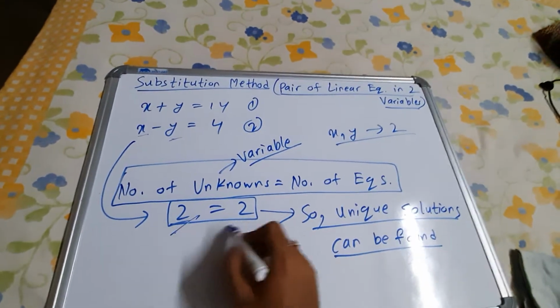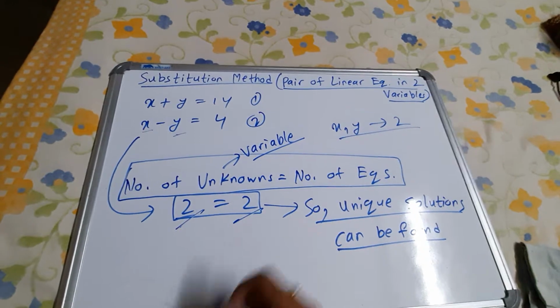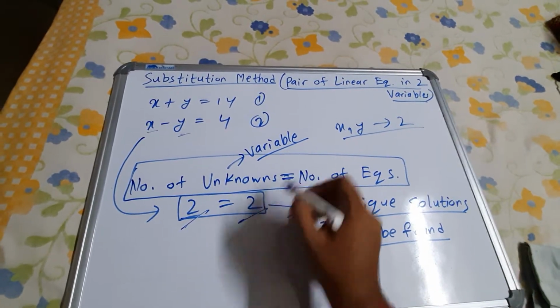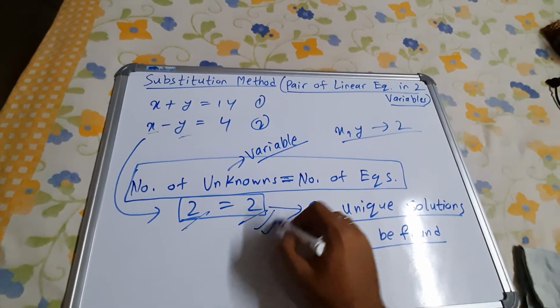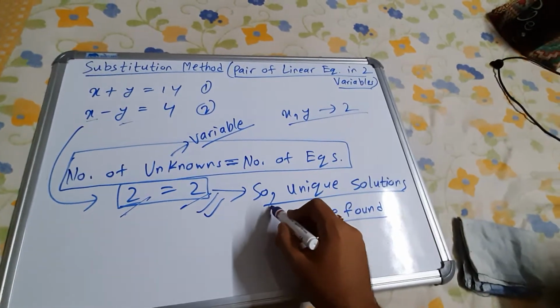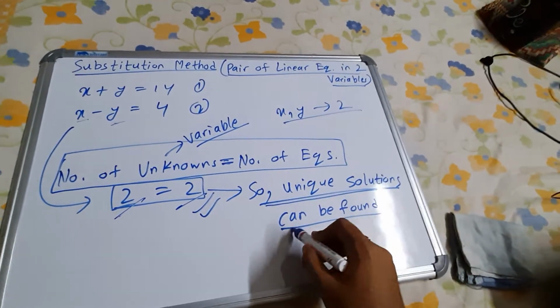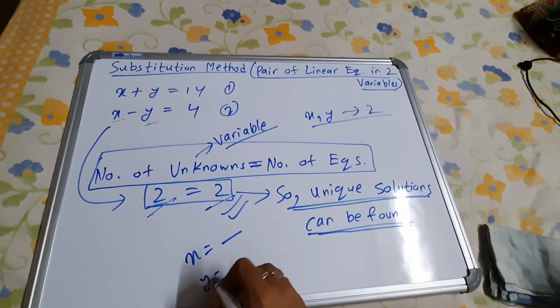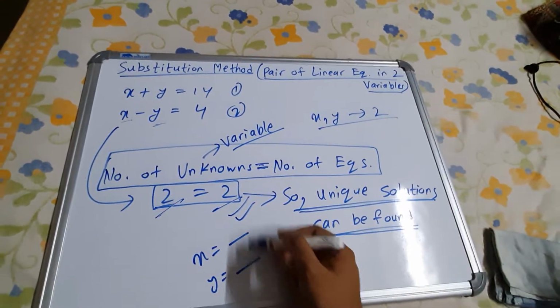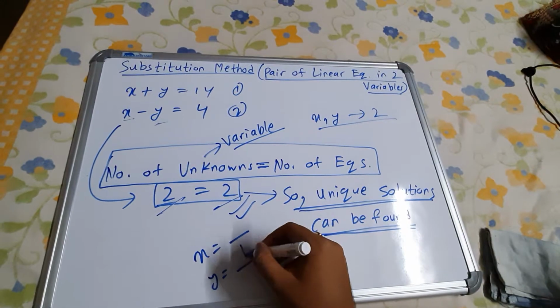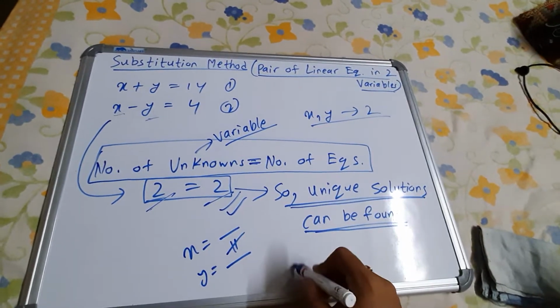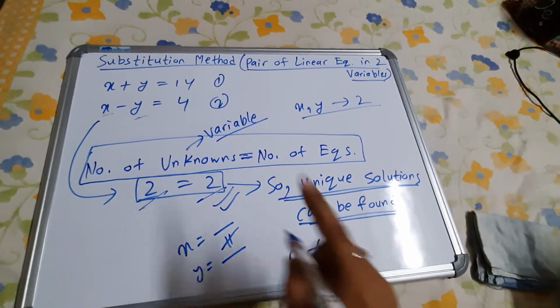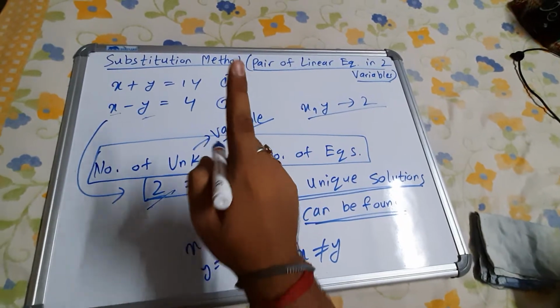So two variables and two equations. See, they are exactly equal. If they are exactly equal, then unique solutions can be found. So x will be having one value, y will be having one unique value. That means they won't be equal to each other. So x is not equal to y, and x and y will always have only one value.